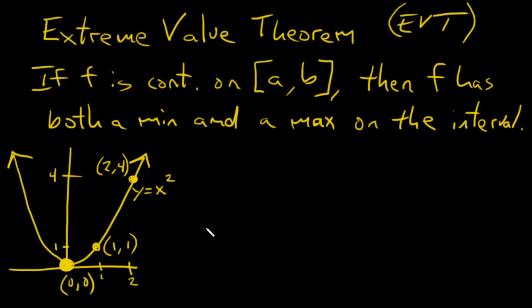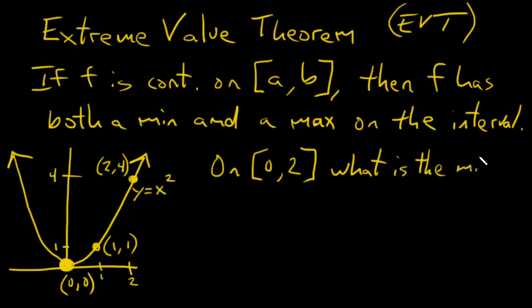Okay, so if I give you an interval, let's say on [0, 2], what is the minimum and the maximum? We can say this interval spans from 0 to 2, from here to here, inclusive. And what is the least value among all of these y values?